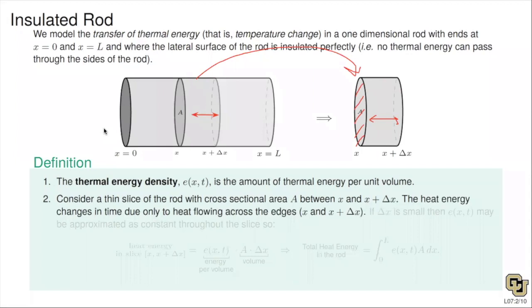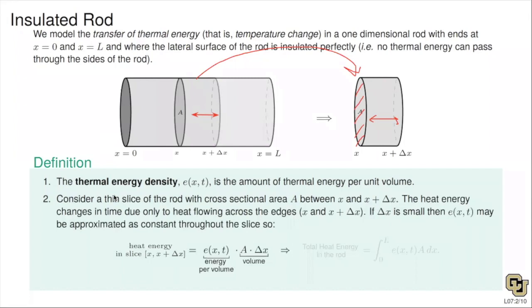To calculate the total heat energy in this little slice, I take the energy density of that slice, which I'm going to approximate with a constant because the slice is super thin, even though it looks thick on my slide, and multiply by the volume. That gives me the heat energy in that one little slice. Then we play the calculus game: integrate from 0 to L. Now I have an expression for the total heat energy.